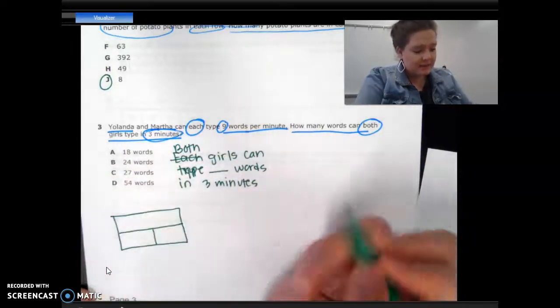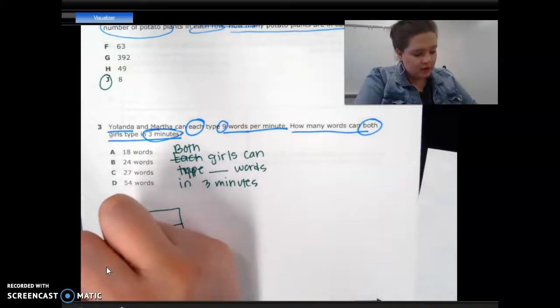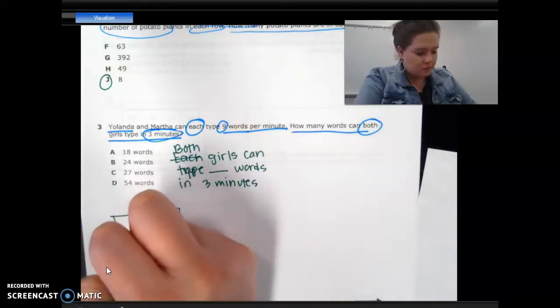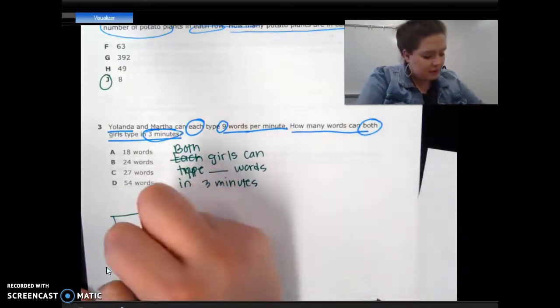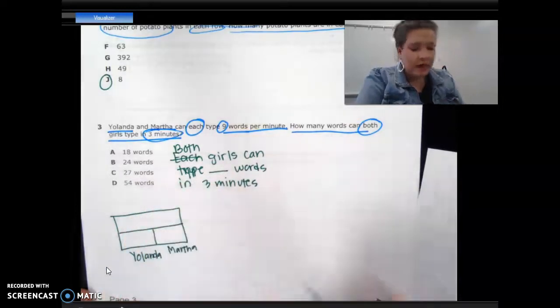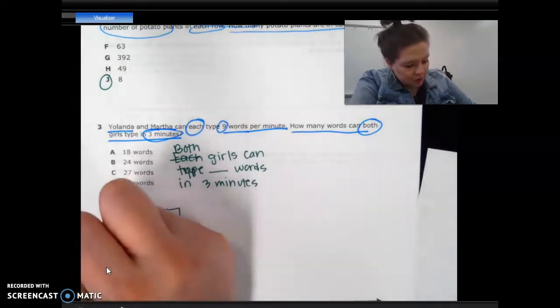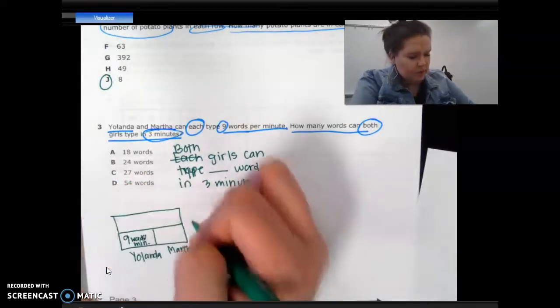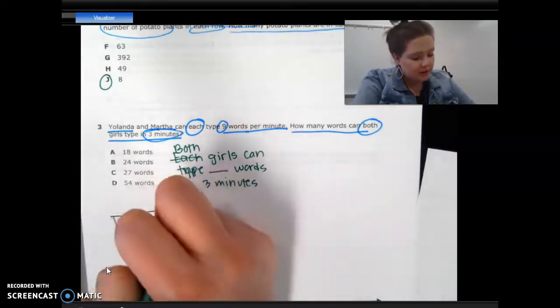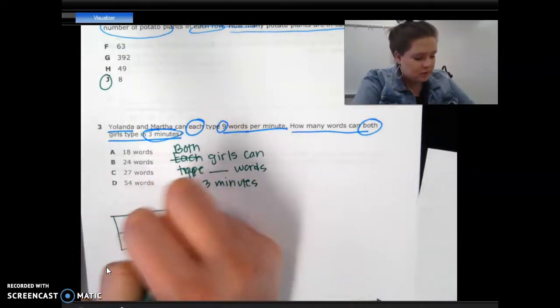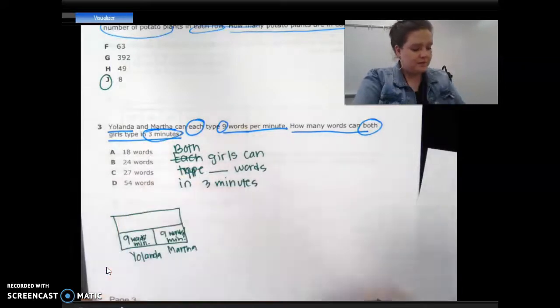This is Yolanda, and this is going to be Martha, okay? Yolanda can type 9 words per minute. Martha can also type 9 words per minute.